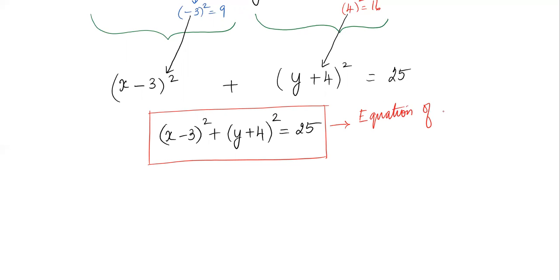Equation of a circle with center 3, negative 4 and radius 5, right? Because your radius was 5 units, right? 5 squared, 25.